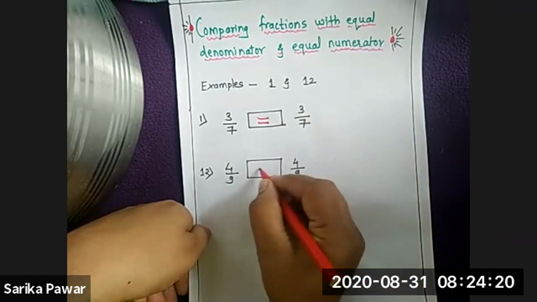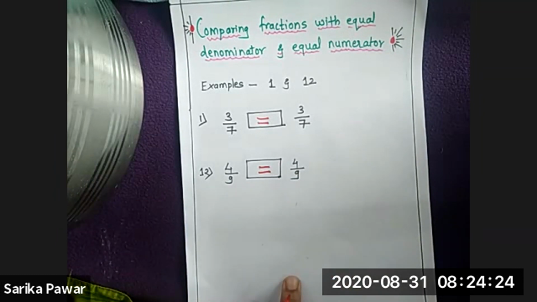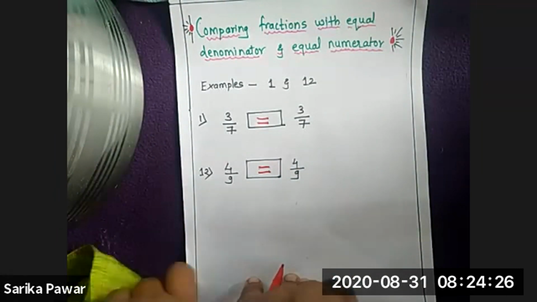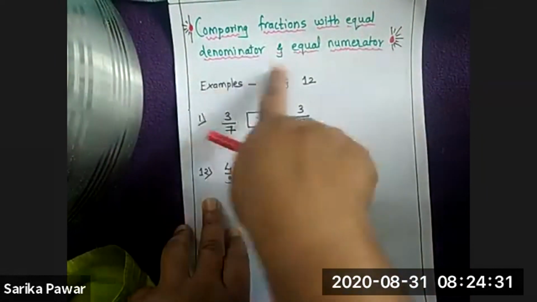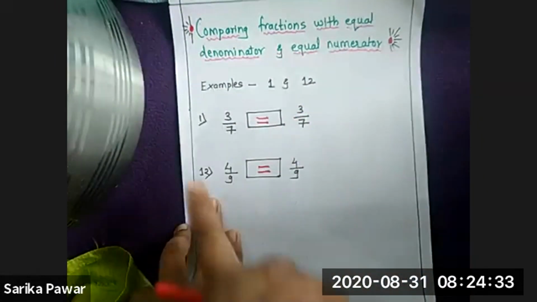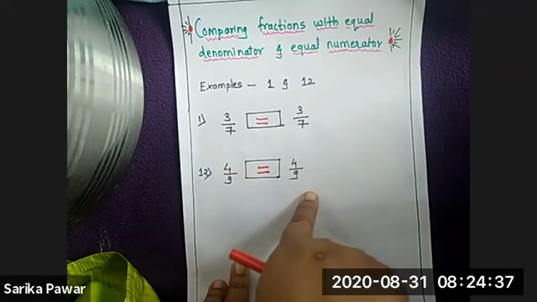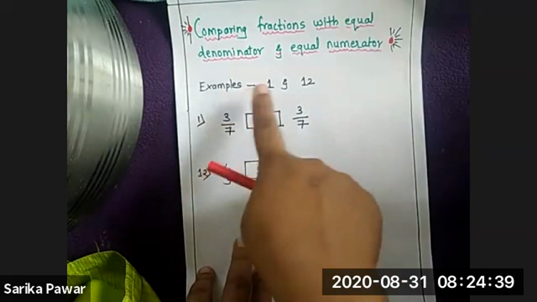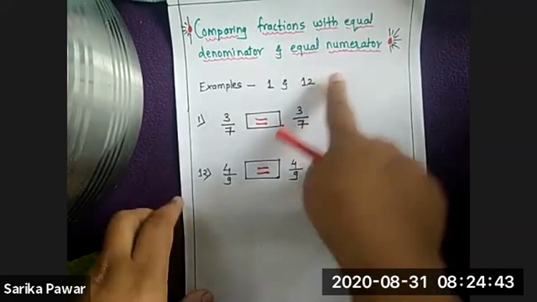So, I will put the is-equal-to sign here. Got it, all of you? So, in the equal denominator and equal numerator case, no greater, no smaller, both fractions are equal. Problem number 1 and problem number 12 follow this rule.